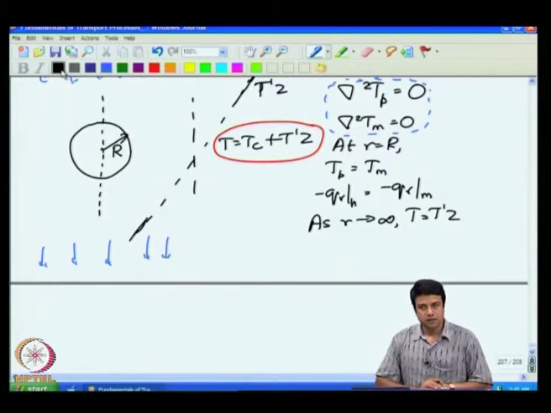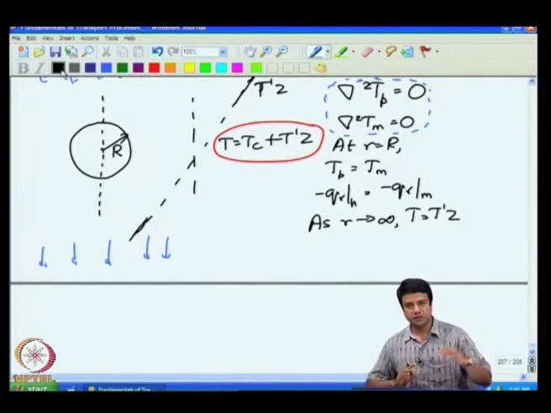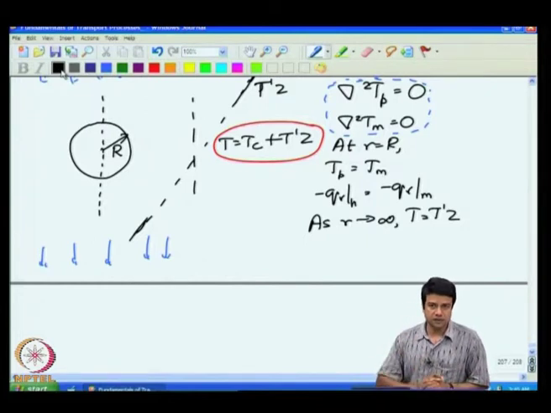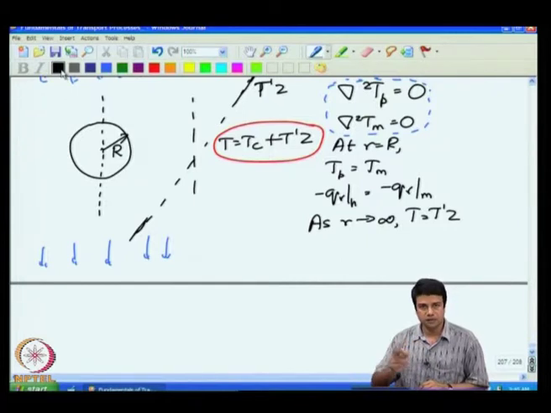First of all, note that this is an axisymmetric problem. There is no variation in the phi direction as I go around the axis, because the temperature gradient is only in the z direction. So, for this particle there is no variation in the phi direction as I go around the z axis.